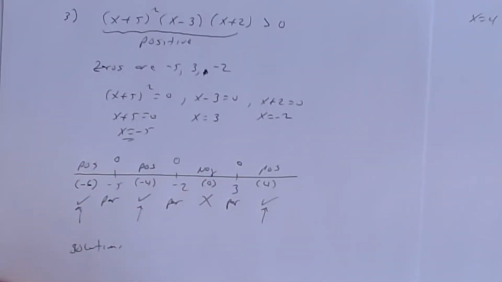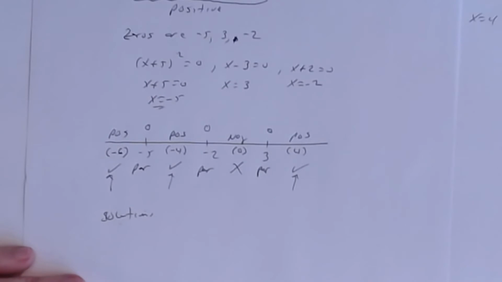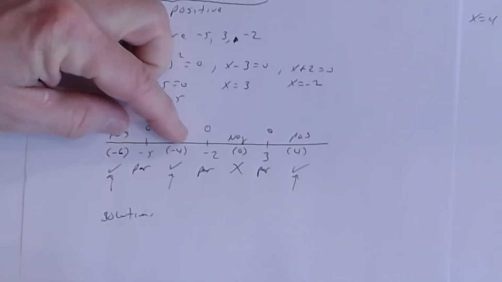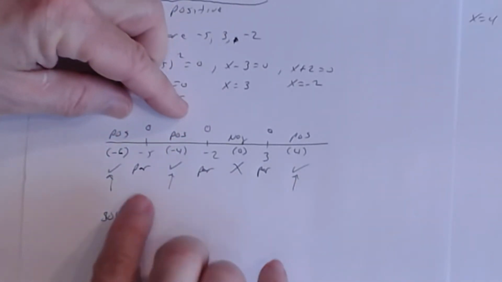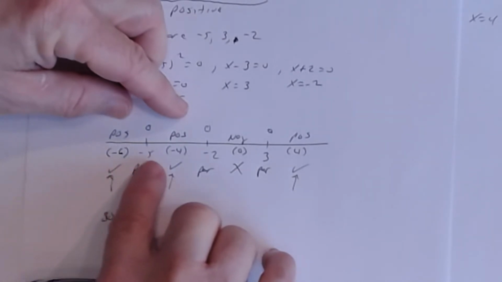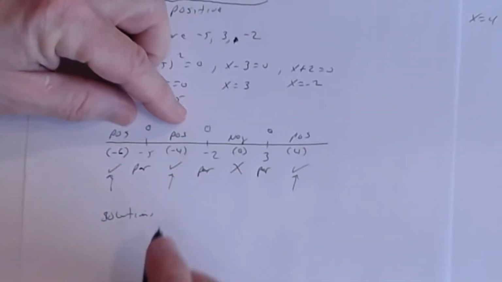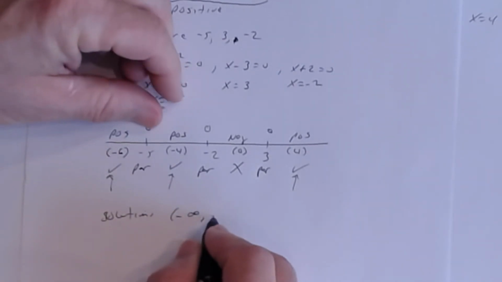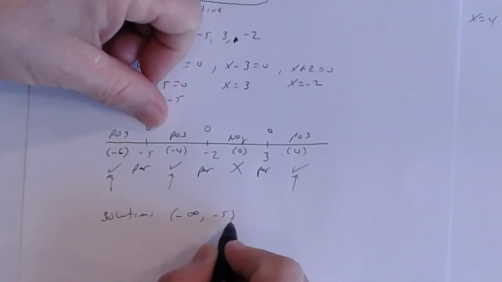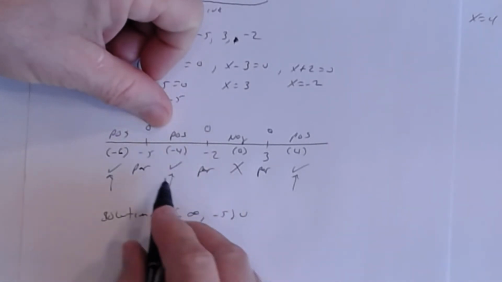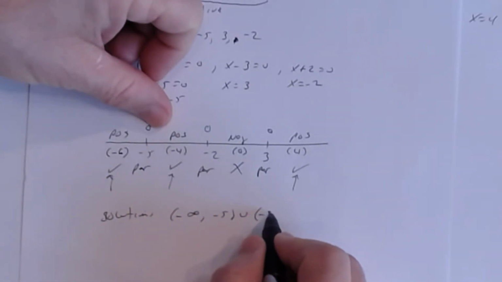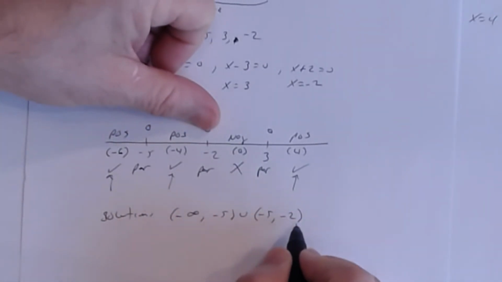So 3 is not a solution, negative 2 is not a solution, and negative 5 is not a solution. Okay, so how do you write the solution here? You have to be careful with this one right here, because the solution intervals are right next to each other. They're adjacent. So you have to say negative infinity to negative 5 in parentheses, union, and then negative 5 to negative 2. So far, that's what we have.